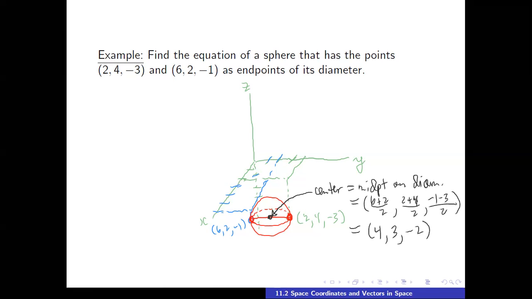What else would I need to write down the equation of the sphere? What else would I need? The radius. Okay.